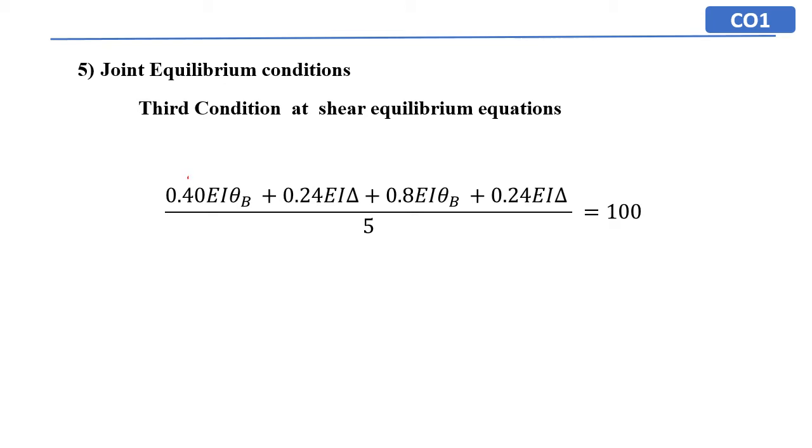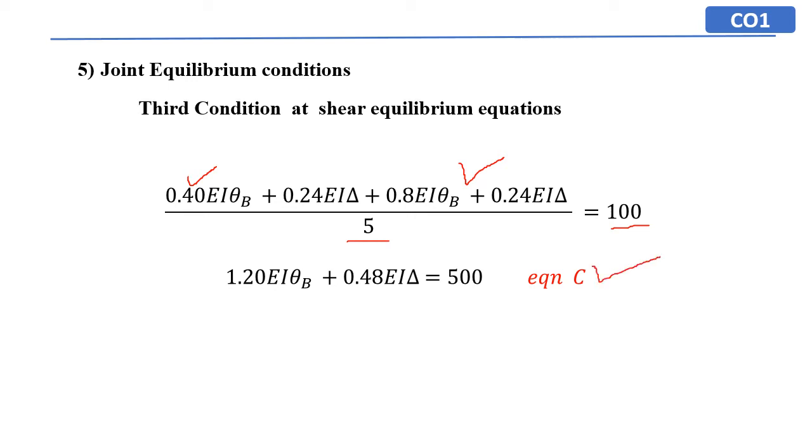This is the equation for MAB. This is the equation for MBA divided by span is equal to 100. Then 1.240 EI theta B plus 0.48 EI delta is equal to 500. This will be our third equation C.